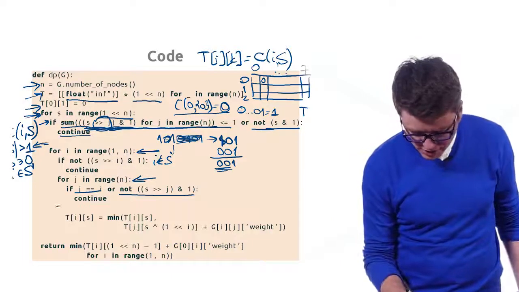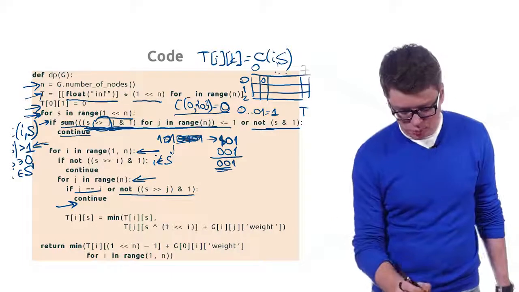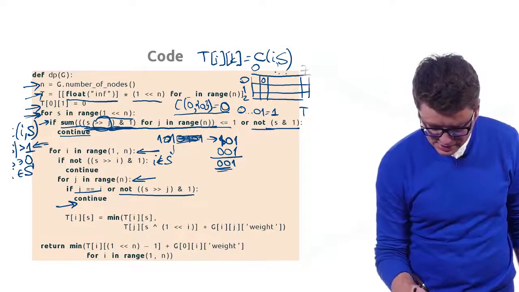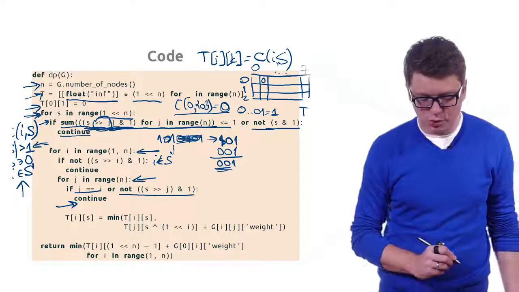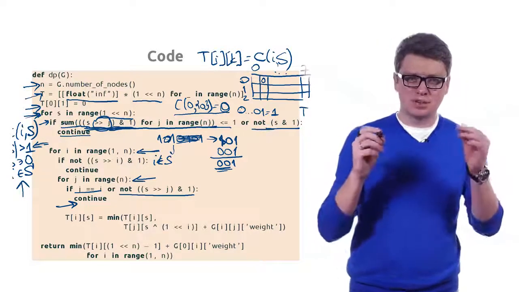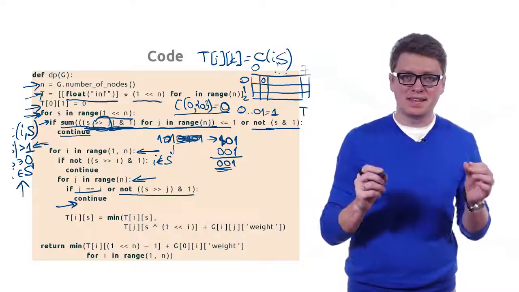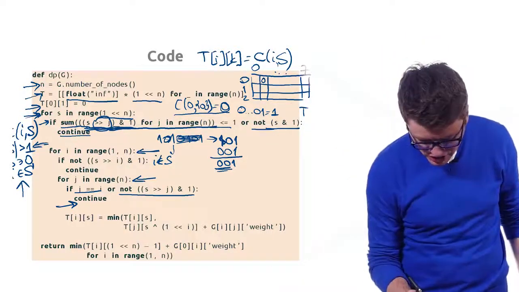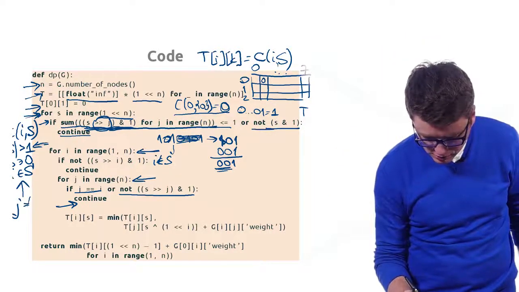So when we reach this position, we know that S is a set satisfying these two properties. So S is a set of size at least 1, such that i is in S, 0 is in S, and j is not equal to i.